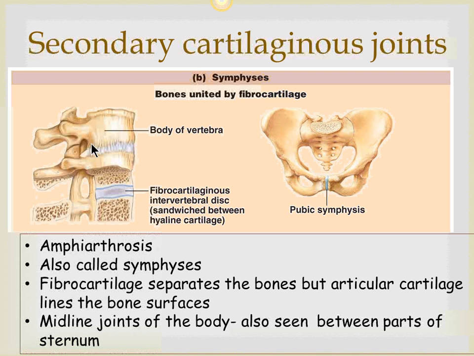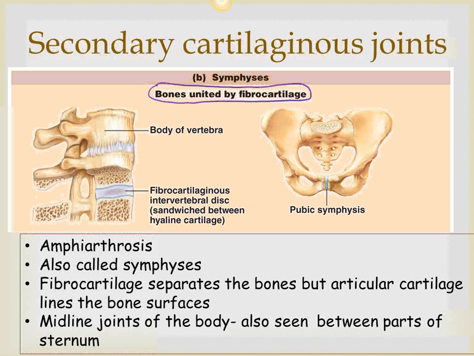Let's look at the next type of joint, which is a secondary cartilaginous joint. And again, looking at your PowerPoint tells you all the answers. Look here, the bones are united by fibrocartilage. Such joints, if you remember, I told you are partially movable.